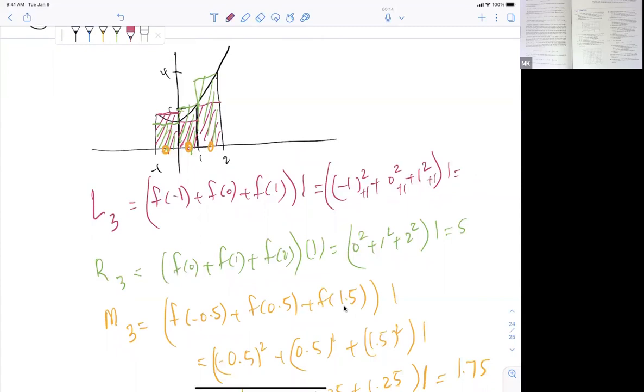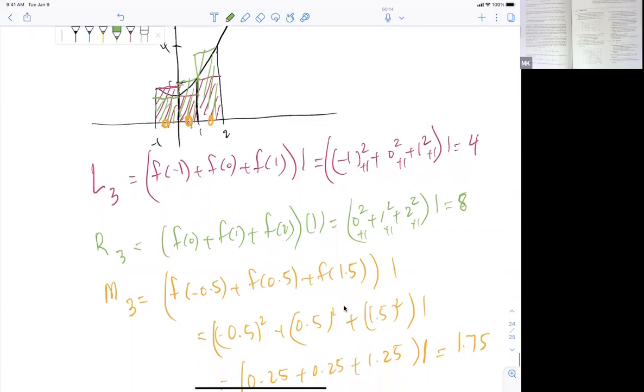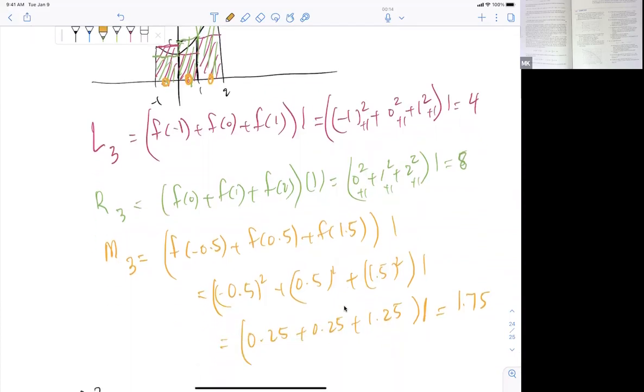So it's going to be 2 plus 2 is 4. Once again, this is plus 1 plus 1 plus 1. So you get plus 3 is 8. And this one is going to be plus 1 plus 1 because it's x squared plus 1 again. So you get 4.7.